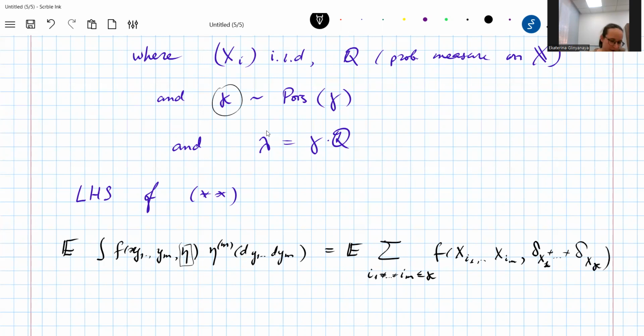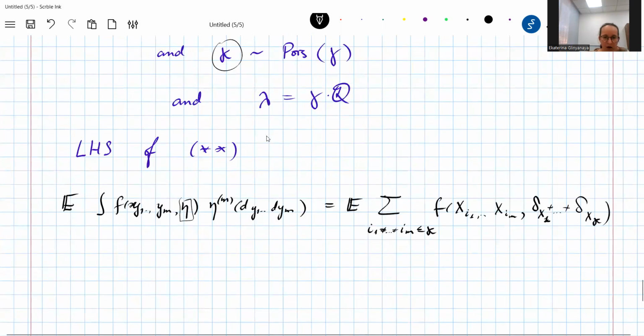So the idea last time was to take all possible values of this Poisson random variable. We have a non-zero value here only for k which is not less than m. So we can take the value of k from m to infinity. I write this: k from m to infinity.